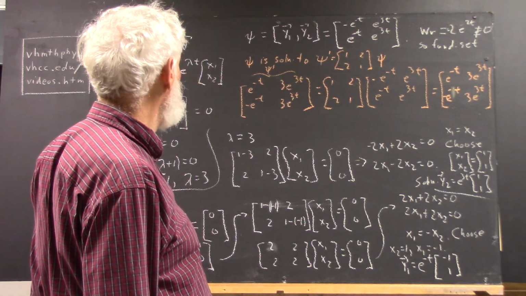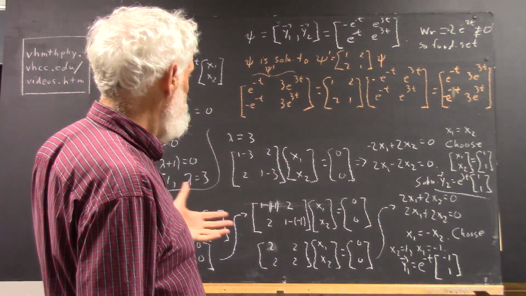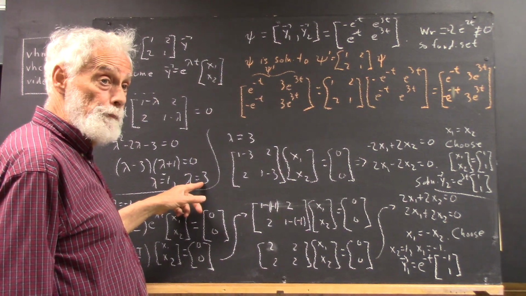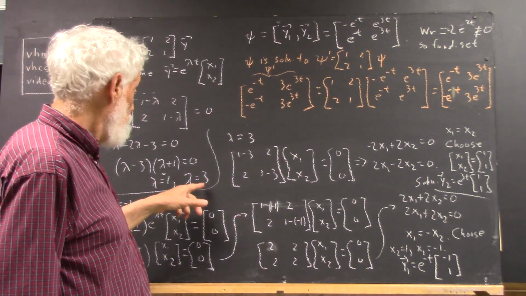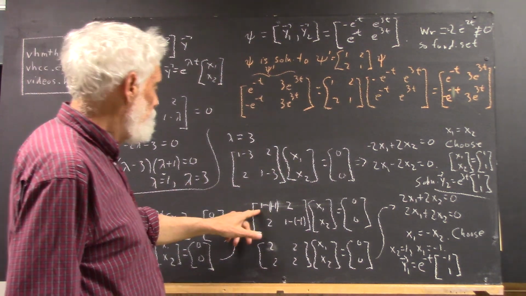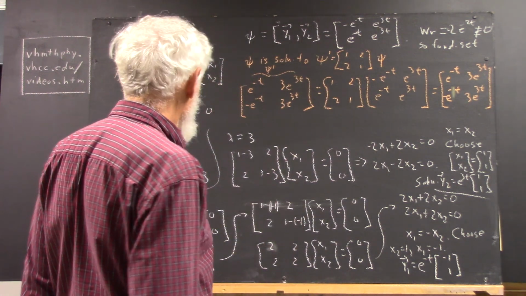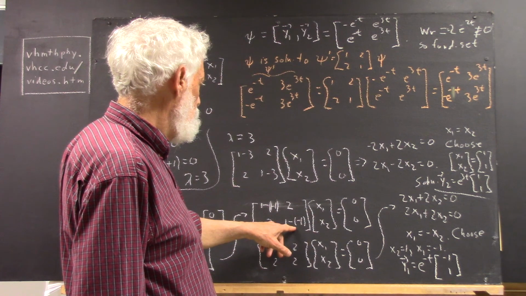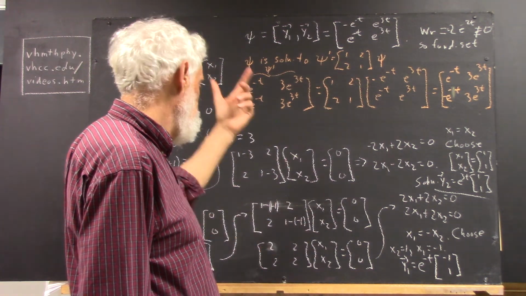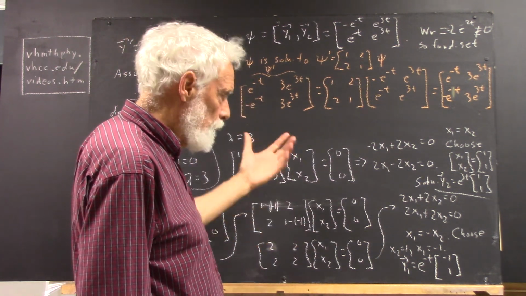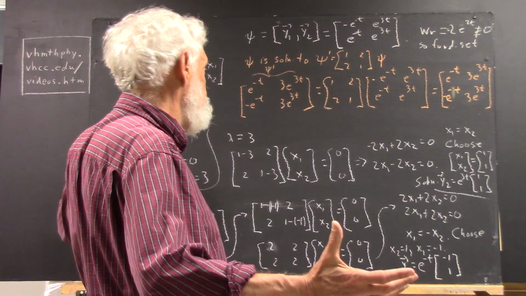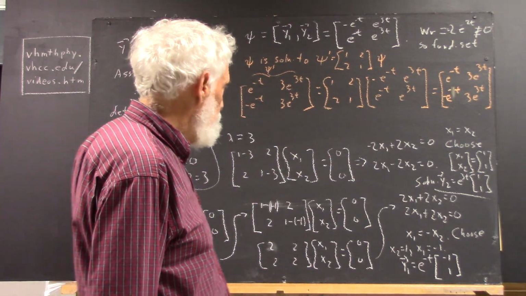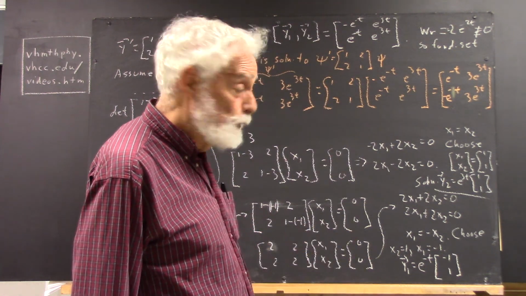Our other solution is going to be obtained in the same way for lambda equals 3. I can point it out: if lambda is 3, then this is -2, 2, and this is 2, -2. Yes, -2, 2, 2, -2. And we easily get a solution where x1 equals x2.